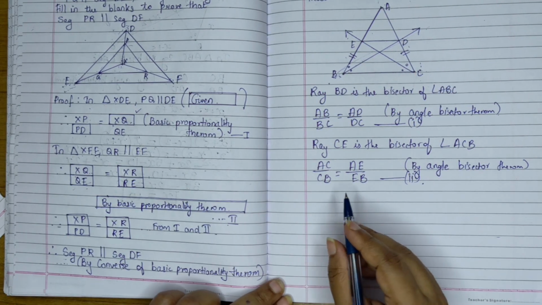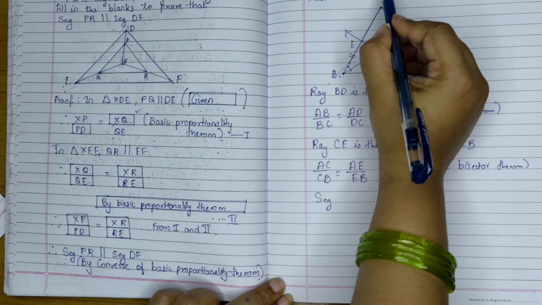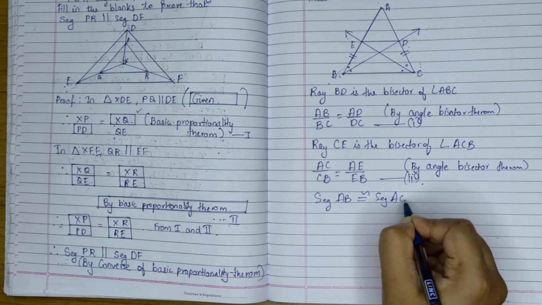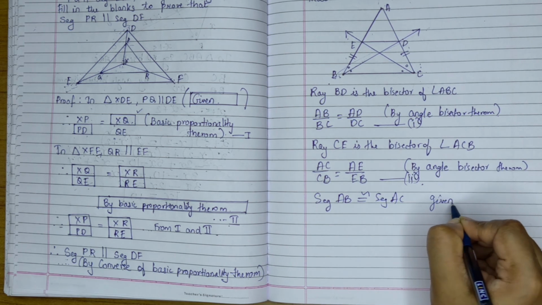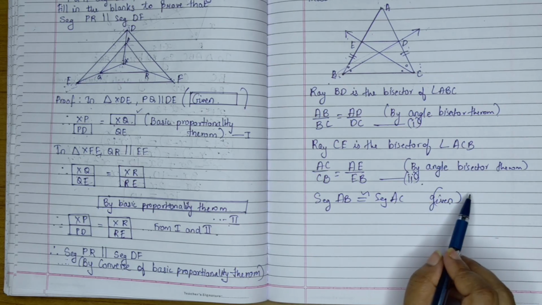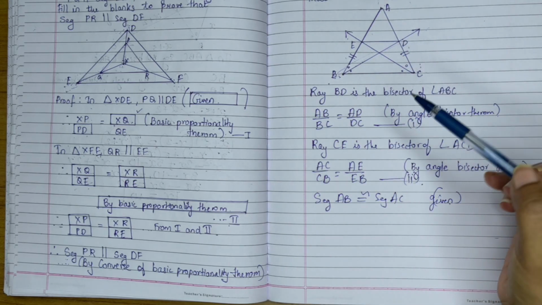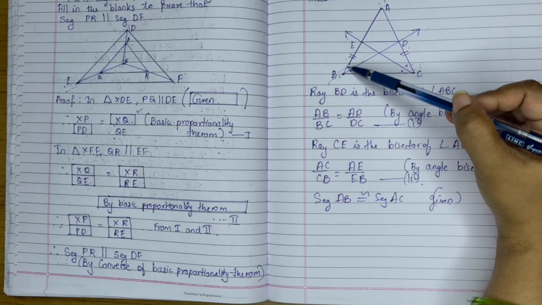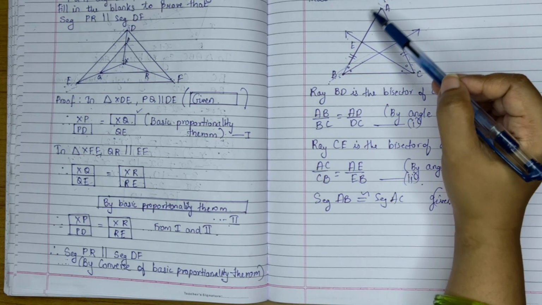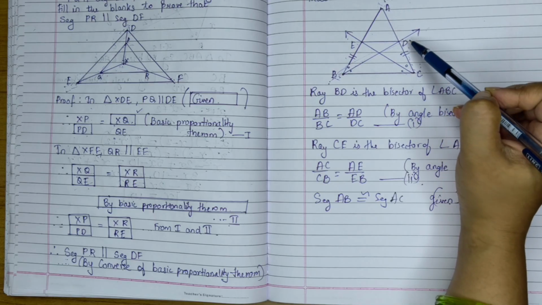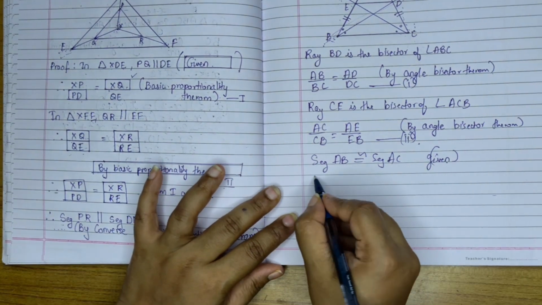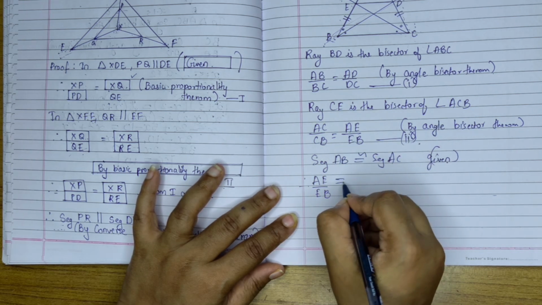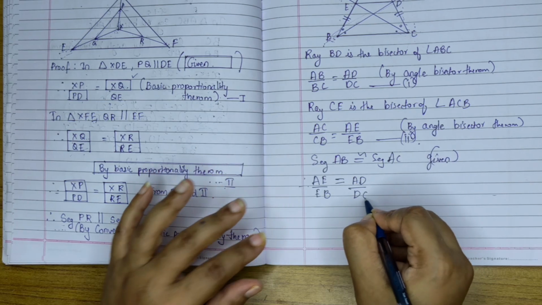This we can write here as given. Now when segment AB is congruent to segment AC, we can say that therefore AE upon EB is equal to AD upon DC.